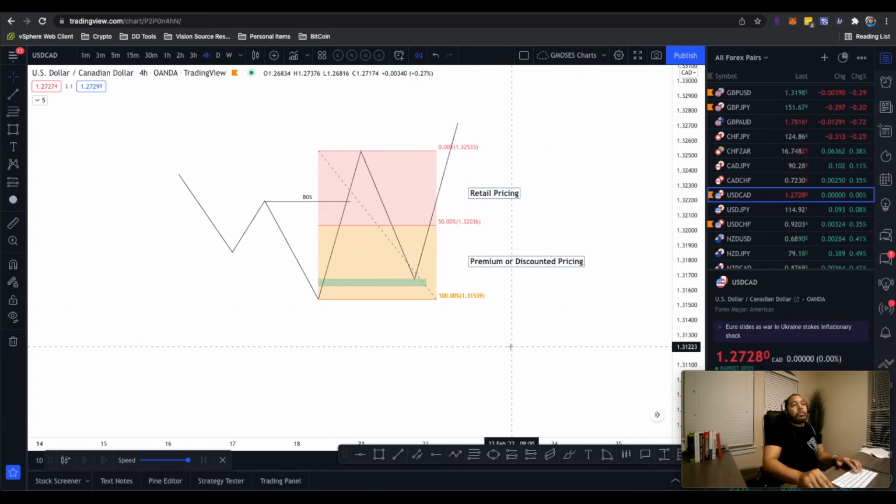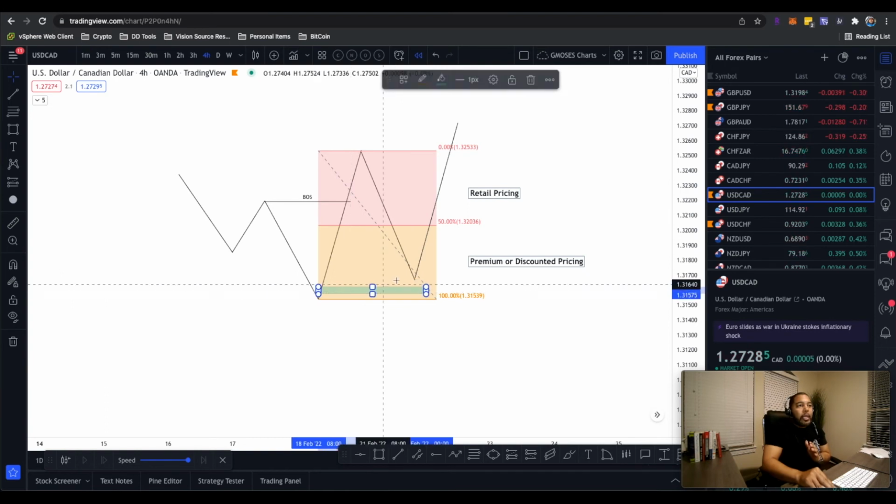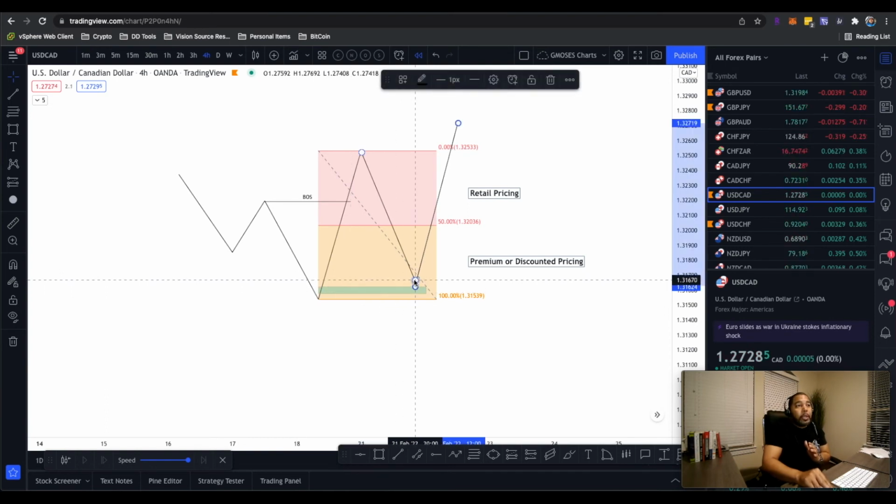Okay, so now most smart money traders consider this as discounted pricing because they will take trades. It can be a trade here and a retracement can come all the way down here.